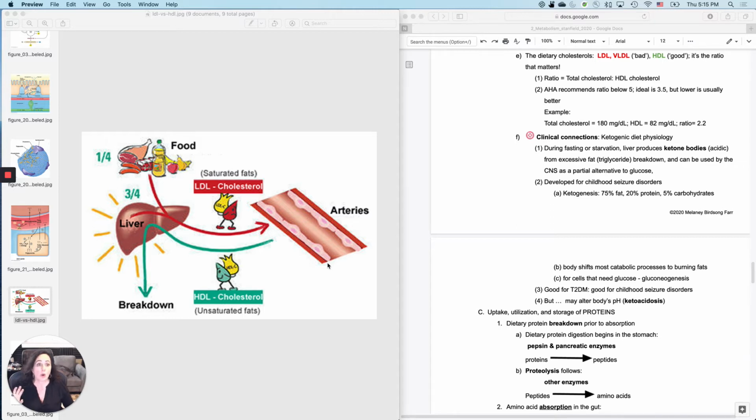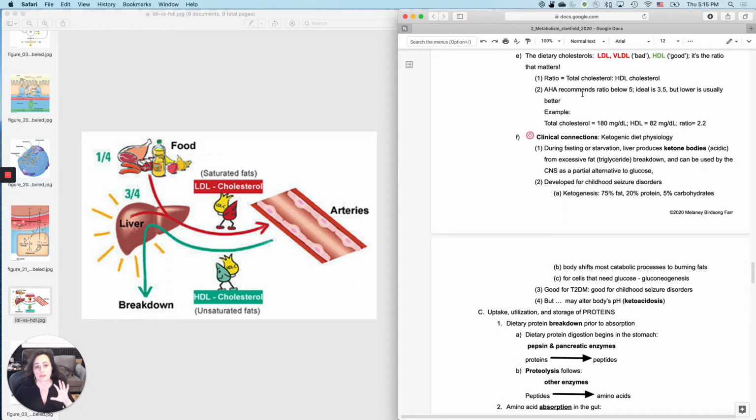Okay, so what are you looking for? The ratio that you're looking for is total cholesterol to HDL cholesterol, so the whole number compared to your level of HDL. The American Heart Association recommends a ratio below 5. Ideal is 3.5, but lower is even better.